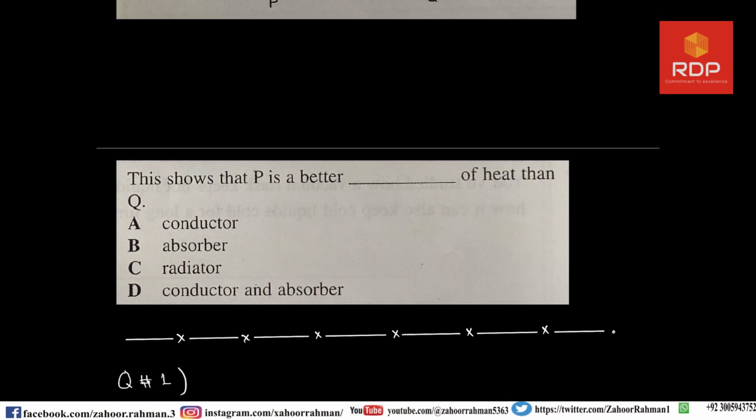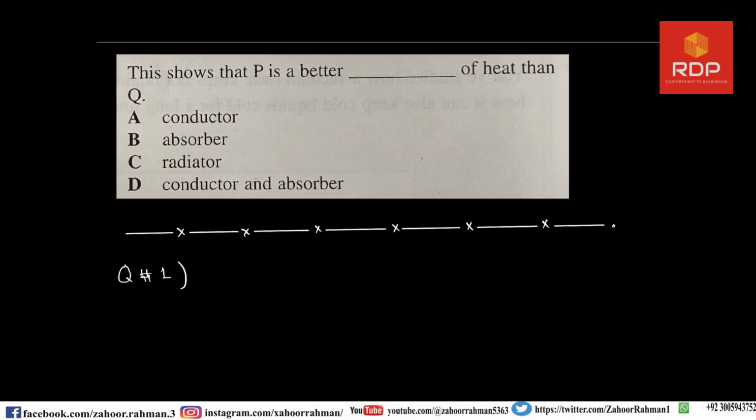What does it say? So, this shows that P is a better dash, not conductor, better dash of heat than Q.